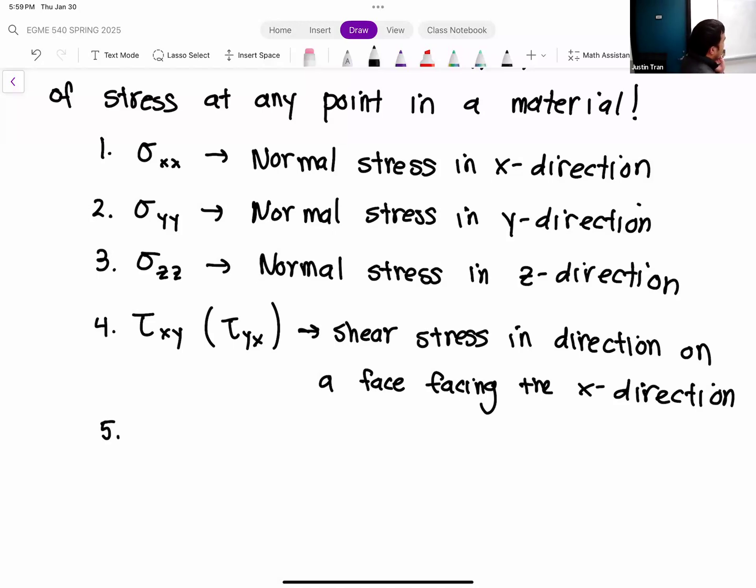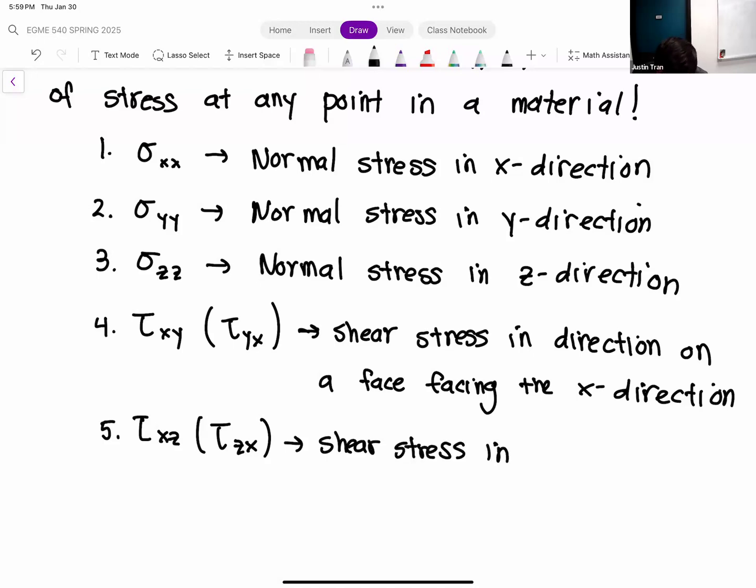The fifth component is also a shear stress. So we have tau xz, which is the same as tau zx. So this is a shear stress in the z direction. I just realized on the definition above, I forgot to say it should be shear stress in the y direction.